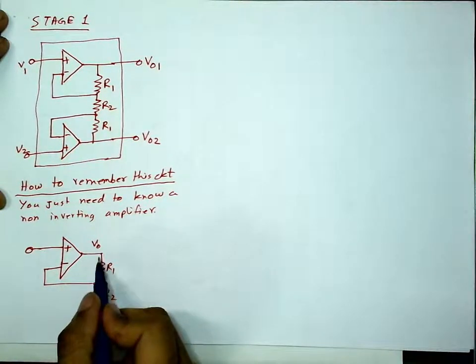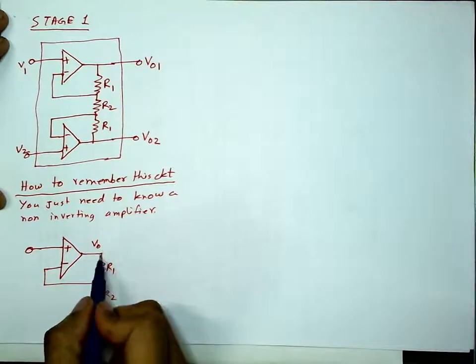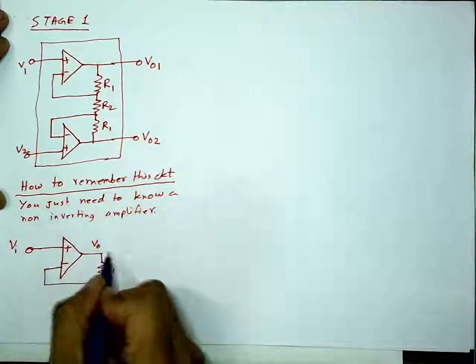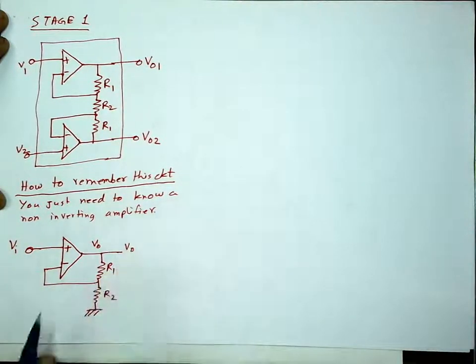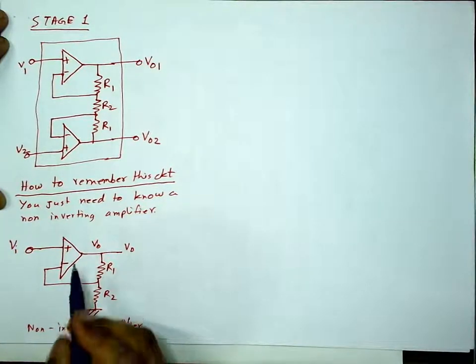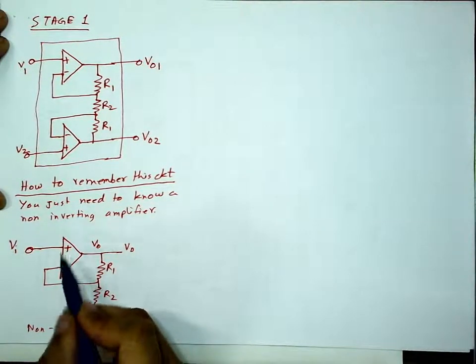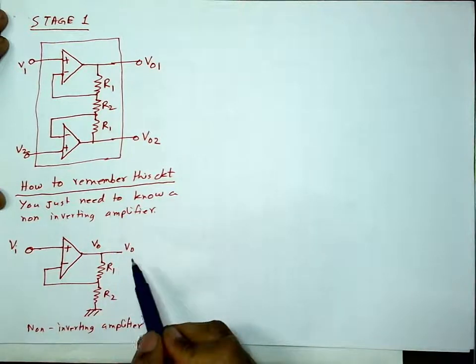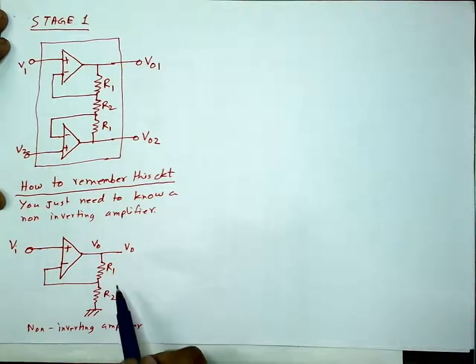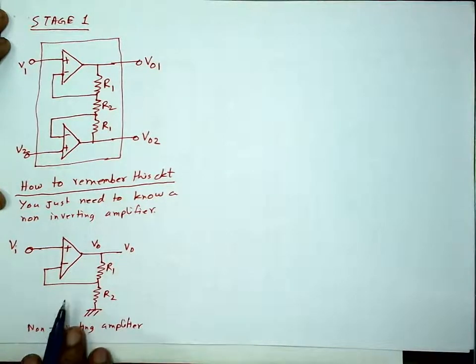This is a potential divider, so a fraction of this voltage goes back to the inverting terminal. Here is the input, here is the output, VO. This is a non-inverting amplifier. Be careful about the plus and minus sign. I believe this is what you already have studied and this is what you already know. So you can remember this.